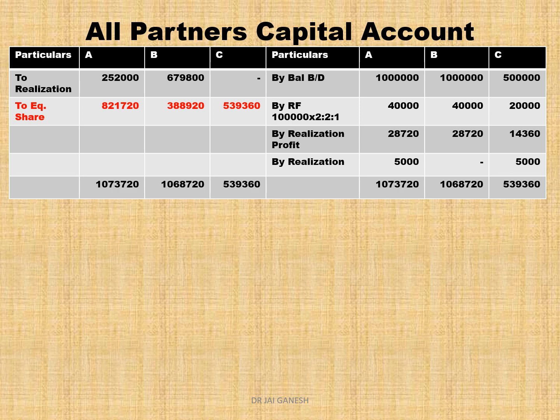Total value is 6,79,800. The differencing answer will be equity shares given to A, B and C. Final settlement is not made by cash. Final settlement is made by equity shares.